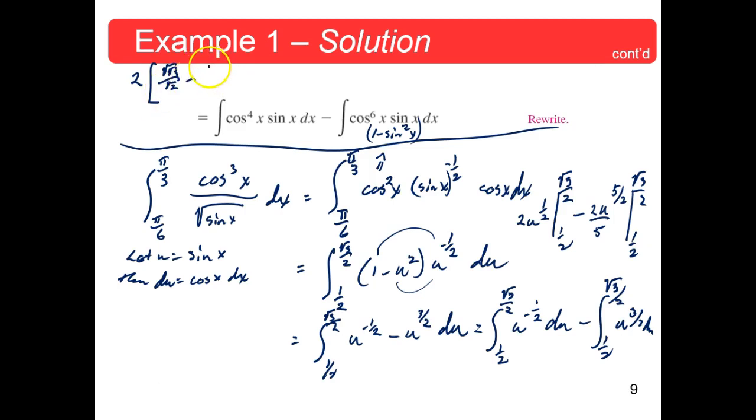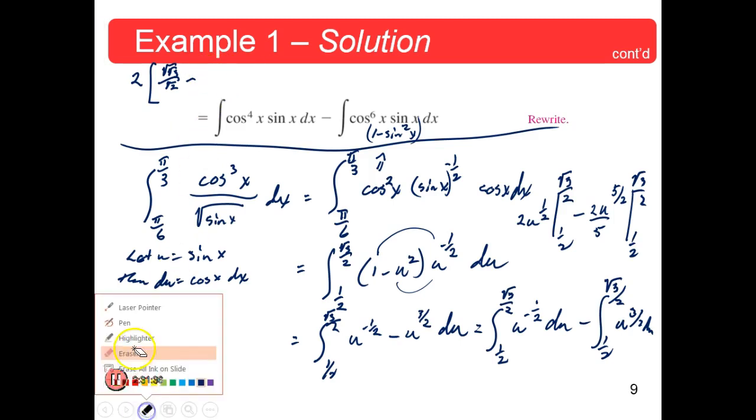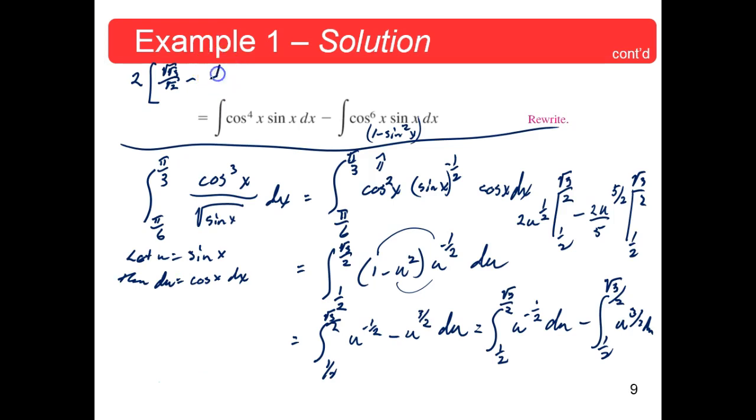Minus the square root of the square root of 1 over, I'm sorry. One over the square root, no, it's not right. Square root of the square root of 2, okay?